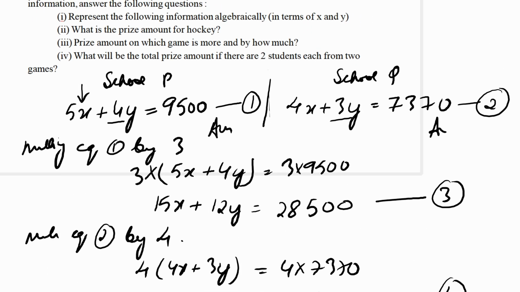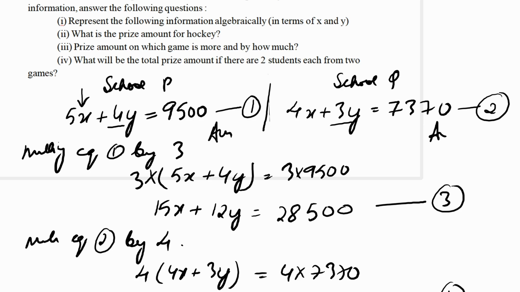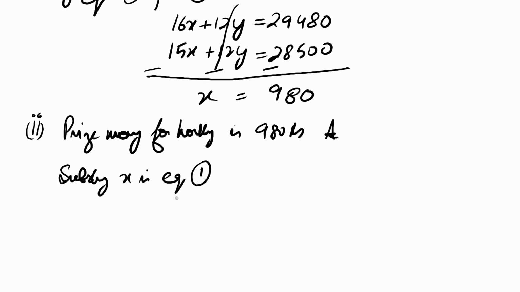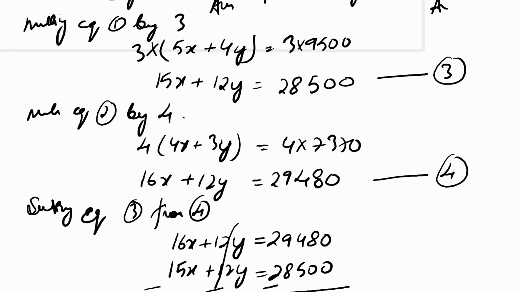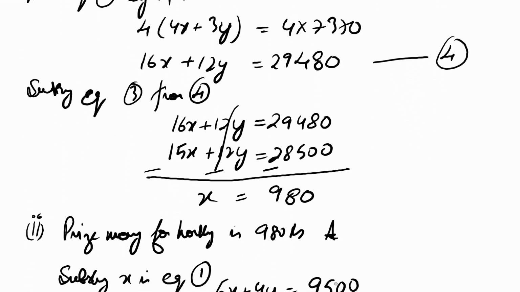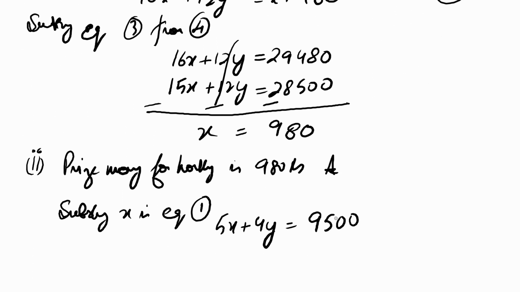So equation 1 is 5x plus 4y is equal to 9,500, and instead of x I will write 5 into 980. 5 into 980 plus 4y is equal to 9,500.